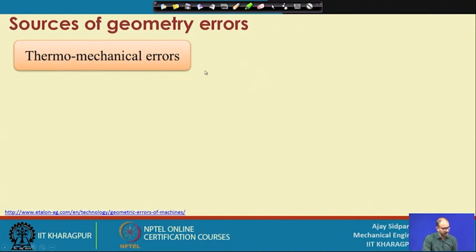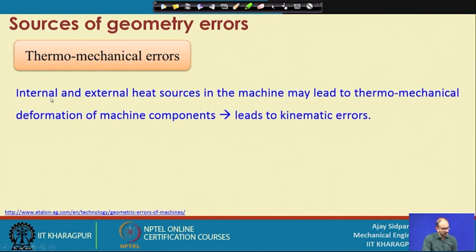Then thermomechanical errors. What are thermomechanical errors? The internal and external heat sources in the machine may lead to thermomechanical deformation of machine components, and then it leads to kinematic error, because we have seen that we have a full construction here in x, y and z direction.